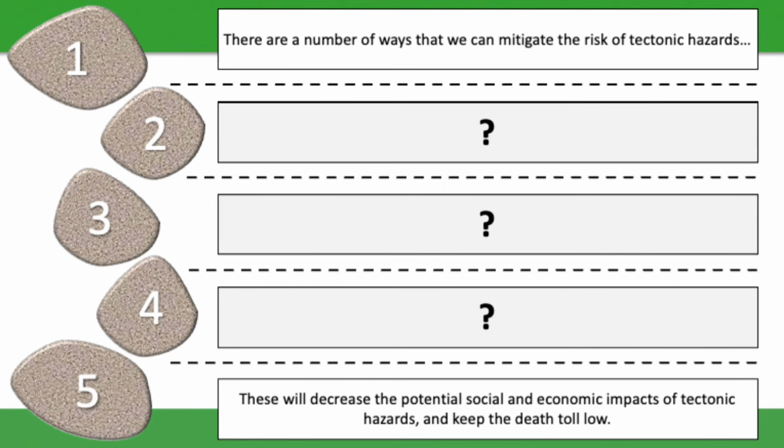What we need you to do is to note down what you possibly could write in those 4 boxes to construct a chain of reasoning that would get you from there are a number of ways that we can mitigate the risk of tectonic hazards, to these will decrease the potential social and economic impacts of tectonic hazards, and they'll keep the death toll low. So while you're pausing the video, perhaps think about using some examples, think about the different ways that you can mitigate risk. Once you're ready, restart and we will reveal those answers.